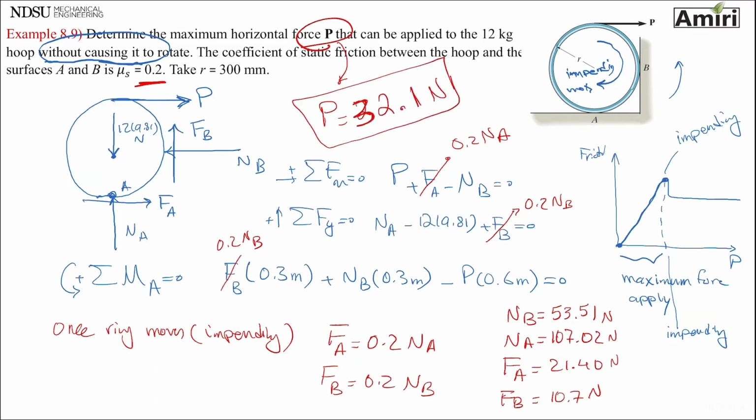That's the maximum force, and this point is right there, 32.1 Newton. That's the maximum force that I can apply without causing this ring or hoop, as it says, to slip.